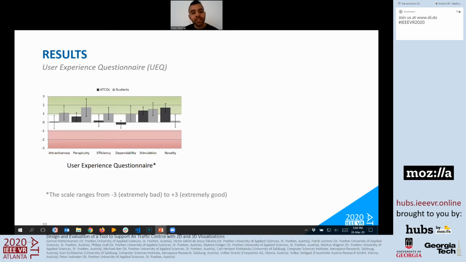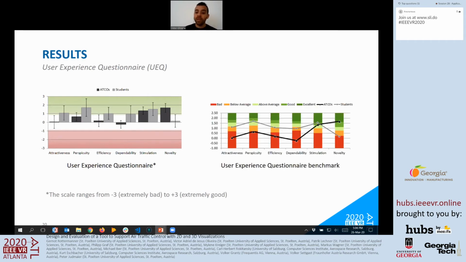Finally, for our user experience questionnaire, we could see that overall the students had a better experience with the system compared to the HCOs. And when we take a closer look at the benchmark provided by the questionnaire, in which it's compared to many other systems, we could see that the students reported a very good experience for many factors, including attractiveness, perspicuity, efficiency, and dependability, but not as good for novelty.